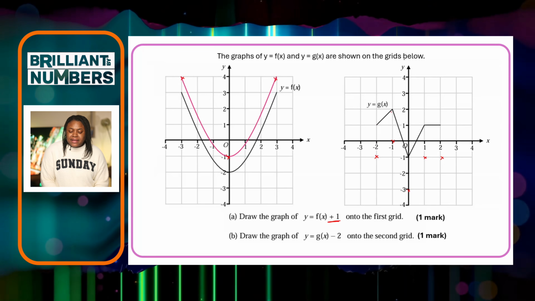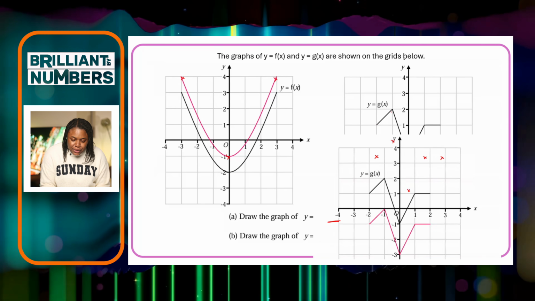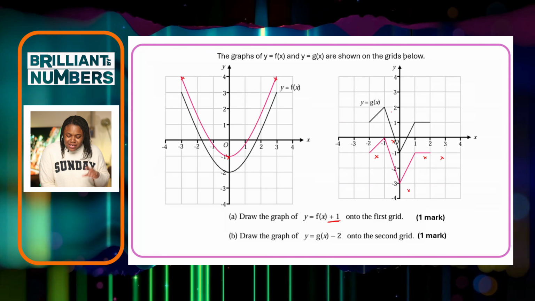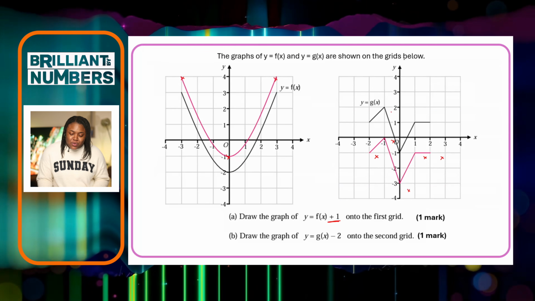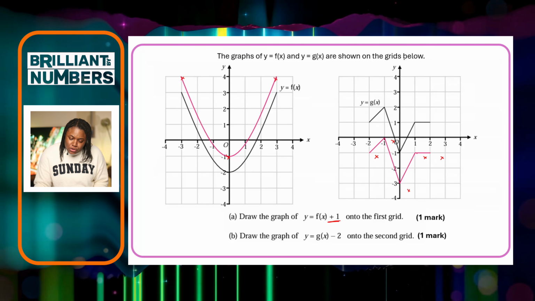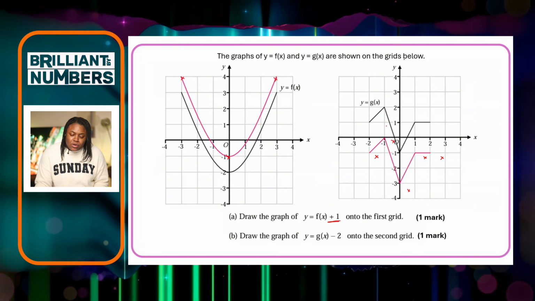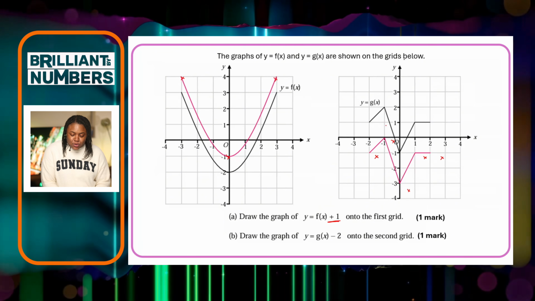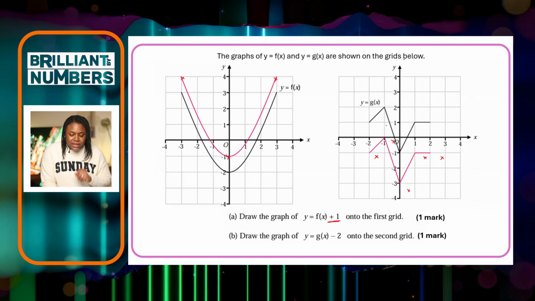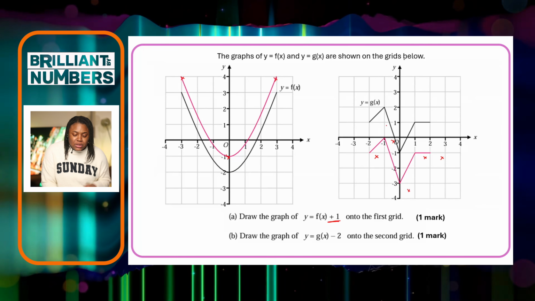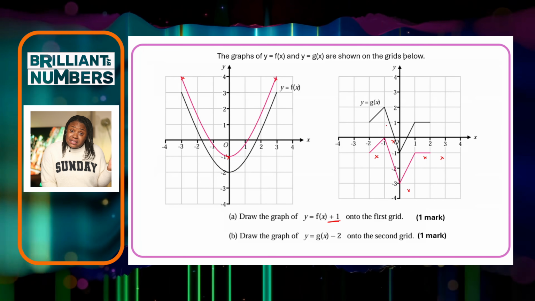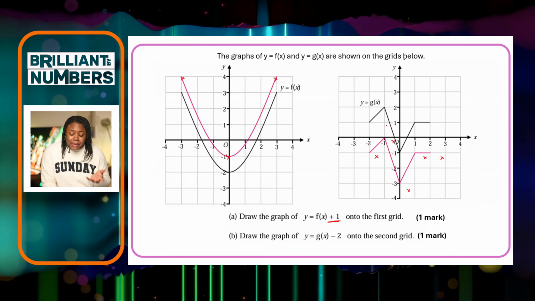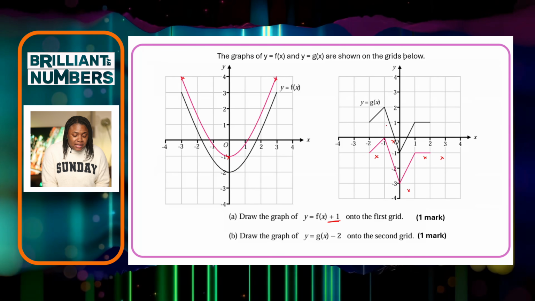Then we connect them using our ruler, pre-drawn as well. That's a little bit off for my pre-drawn one, but you can see all the points are 2 units down. That's it. Sometimes when you see these, you get panicking. No need to do that.